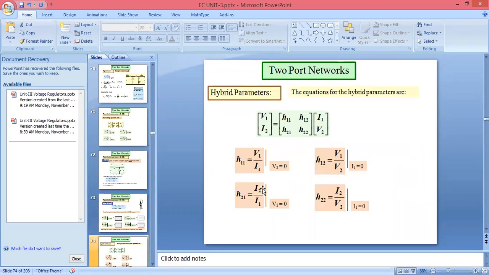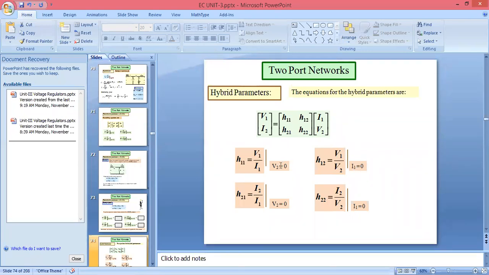If we are supposed to find the hybrid parameters, by using the hybrid parameters we know that the values of V1 and I2 will be dependent variables. So you will get the equations for V1 and I2 in the form of H parameters. You can consider V2 as 0 volt and you can consider I1 as 0 ampere.